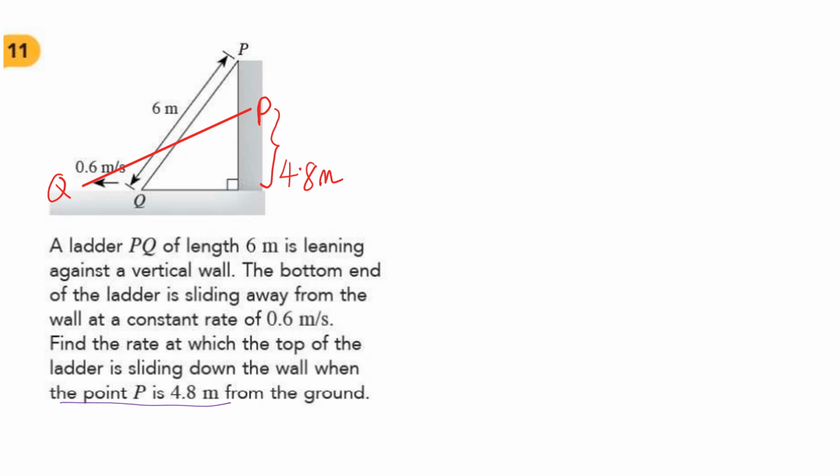Right, so just now we said there are two things that are changing, right? This one here that's changing, the height of P above the ground, and also this horizontal distance of point Q from the wall. If you're going to let it be represented by x, then dx over dt is given to be 0.6 meter per second. This is what it means.